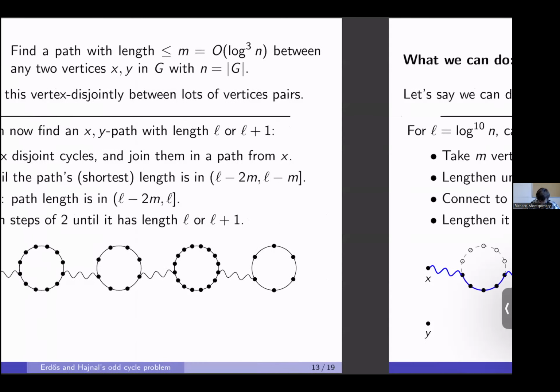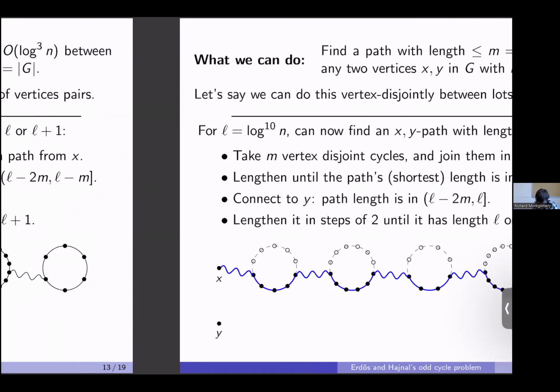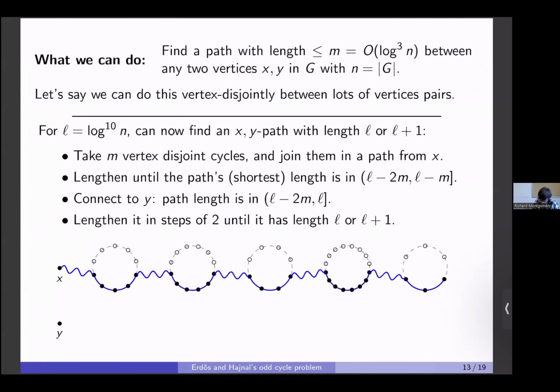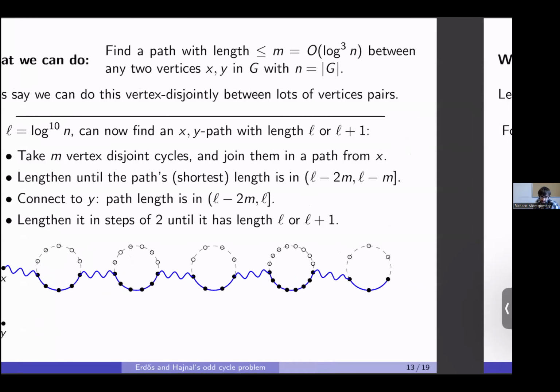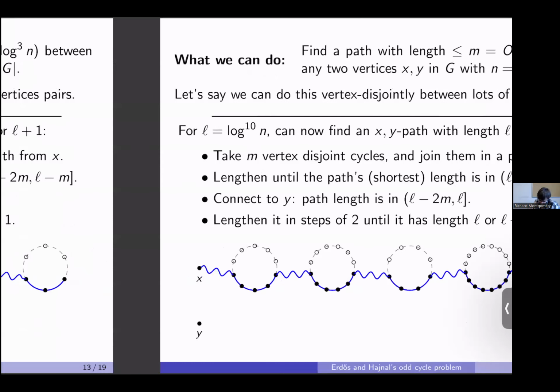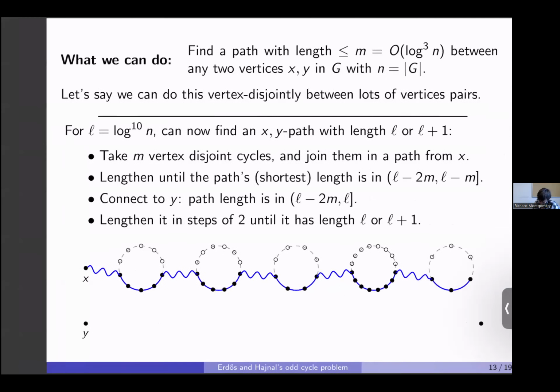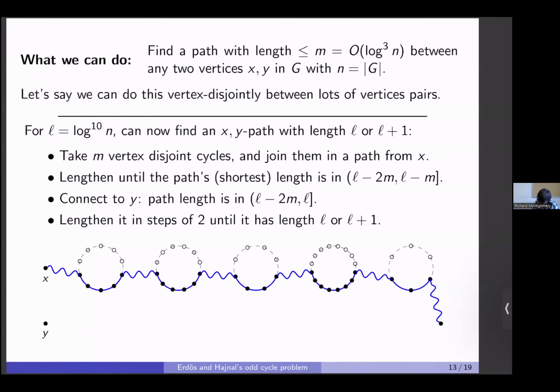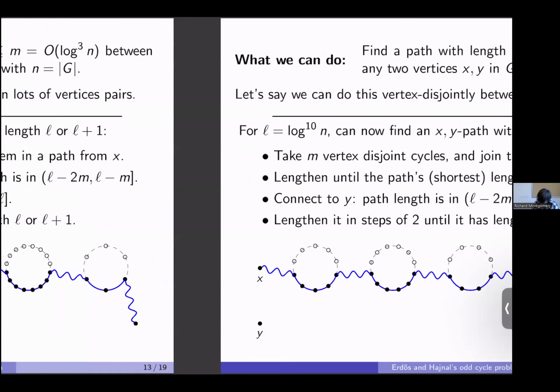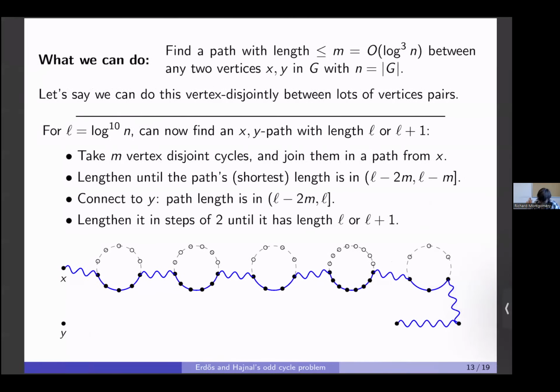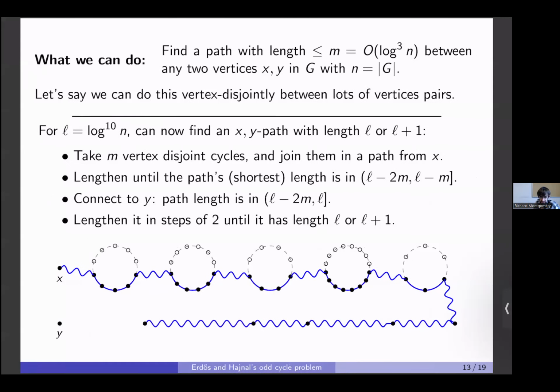Let's take the shortest path through these to start with, and then we're aiming for a path length L. Using this connection property, I can keep picking a new vertex like so, and joining it with a path of length at most m. So I can extend the length of the path in sections of size at most m.